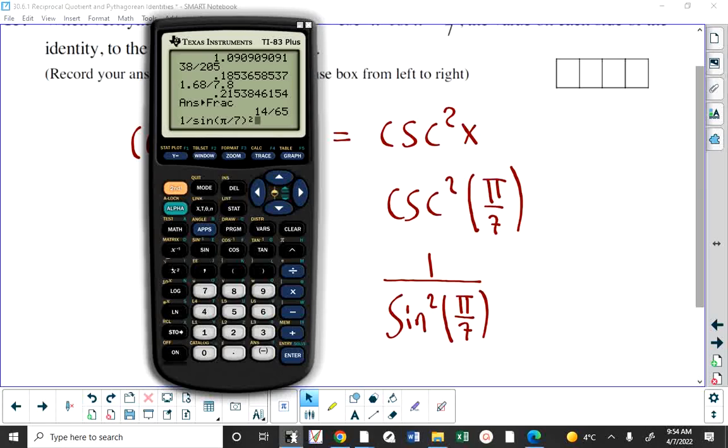We've had this discussion before that it looks as though we're only squaring the pi over 7, but that means we're squaring the sine as well. You could, if you wanted to, do it in stages, like take the sine of pi over 7, and then square it, and then take the reciprocal. But anyway, what I get is 5.3. Is that okay?